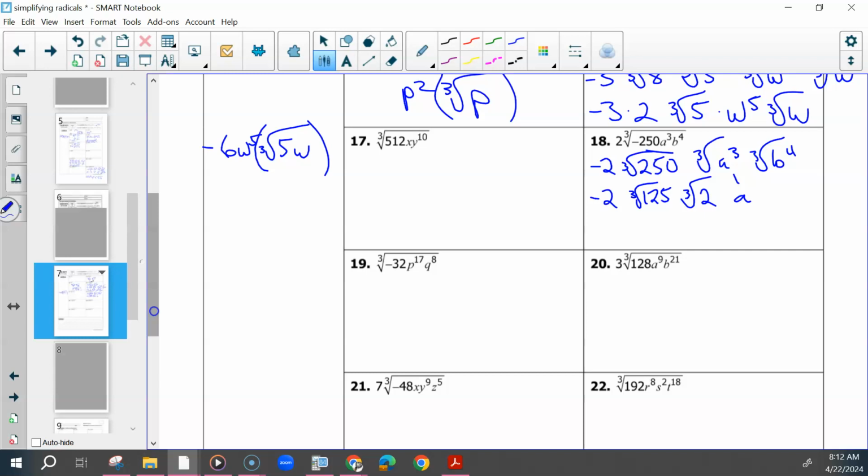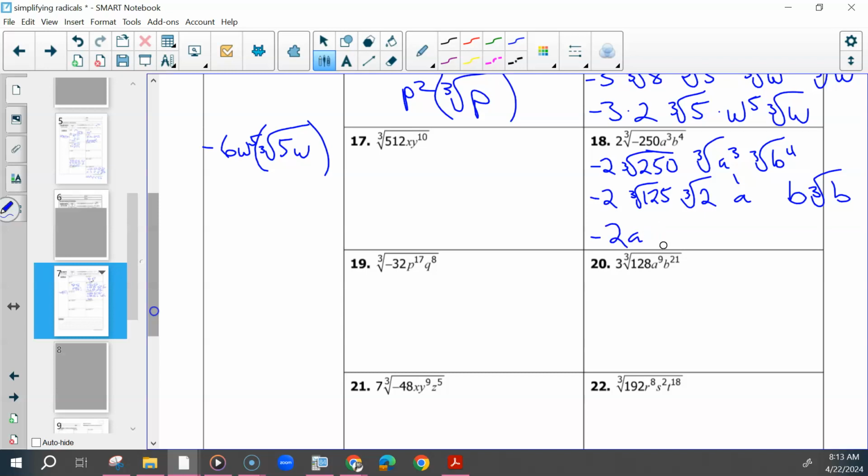So I'm going to write that as, so if you wanted to actually split it up as the cube root of b to the 3rd and the cube root of b, you could do that before doing this, or you would know that 3 goes into 4 once with 1 left over. So what all would be on the outside? Negative 2ab.